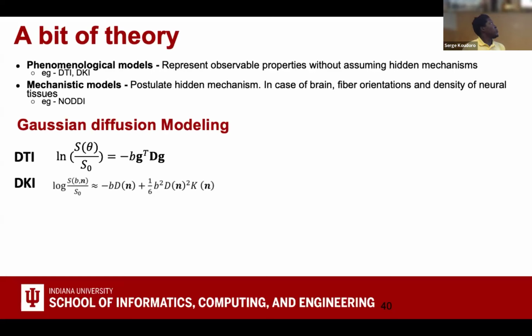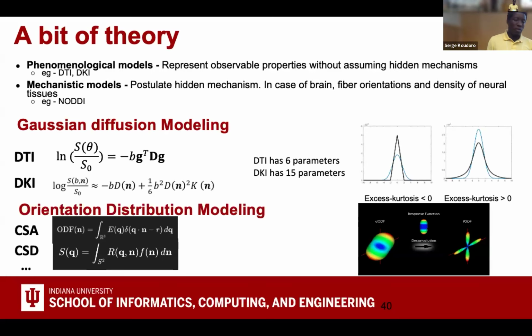The phenomenological models are split in two categories. The first category is the Gaussian diffusion modeling. This is what we saw from the first experiment with DTI, where we assume that our signal follows a Gaussian distribution, so it works in a free environment. Then you have an evolution of this, which is DKI, which extends the number of parameters.